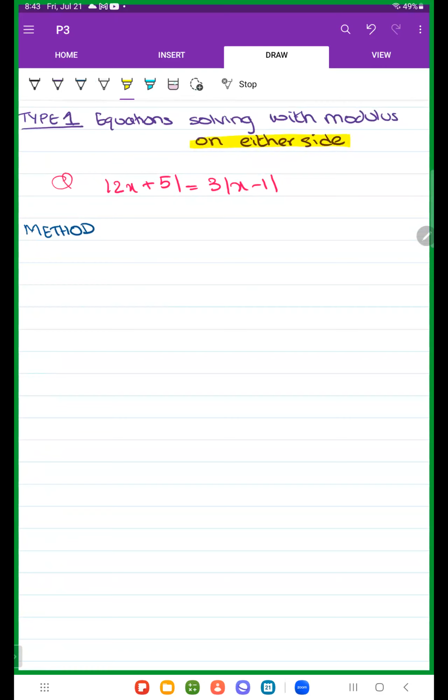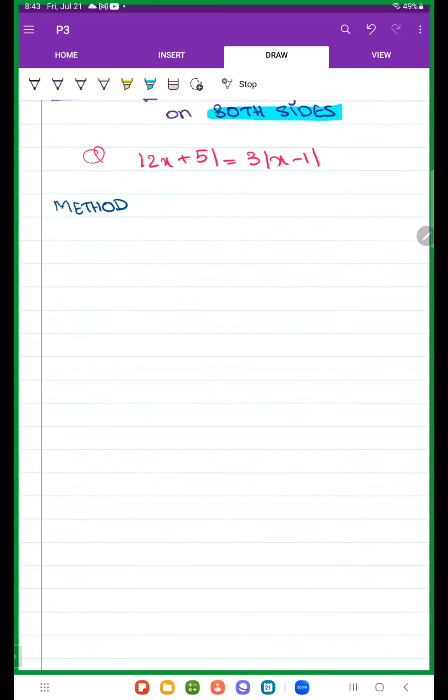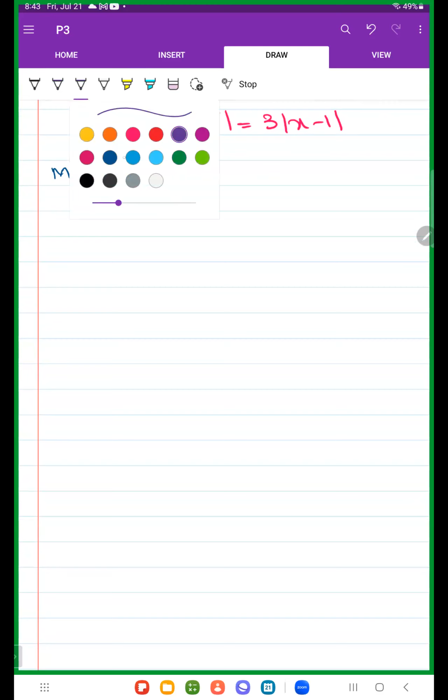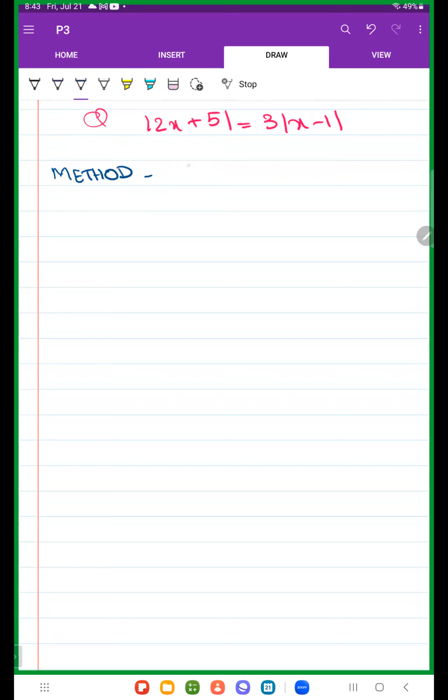Either side means both sides, okay? I'll erase this and write both sides so you don't get confused. So there's a modulus on both sides. Do you see in this question the modulus is on both sides? So the method is to square both sides and the modulus sign disappears.